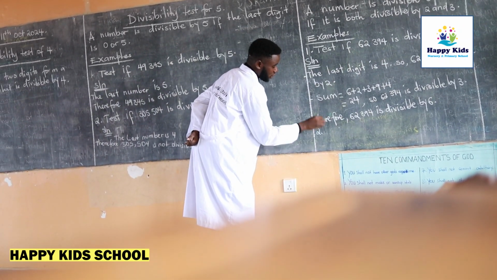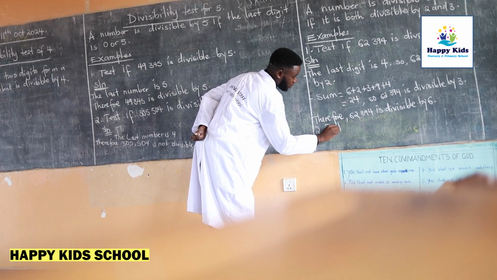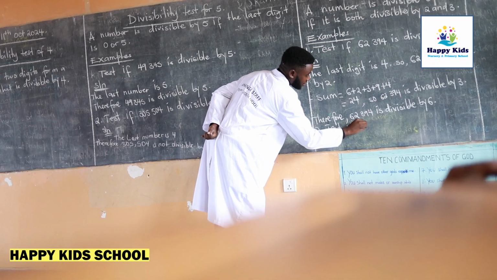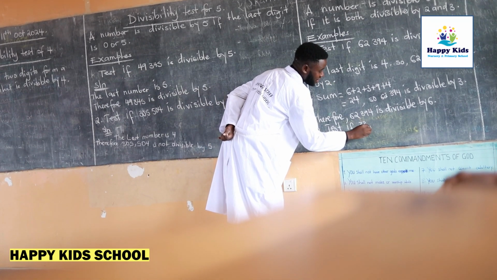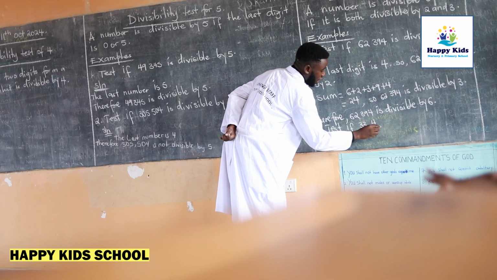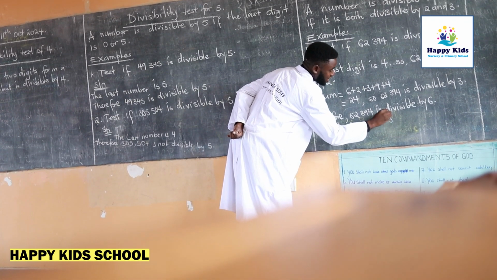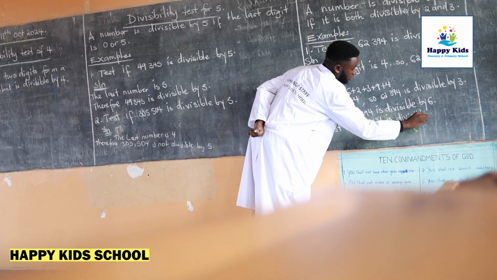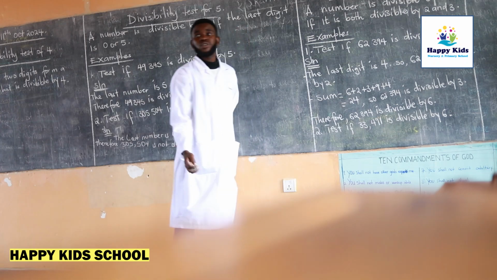Then example number 2. I need someone from you. Test if 33,491 is divisible by 6. Who can do it for us?